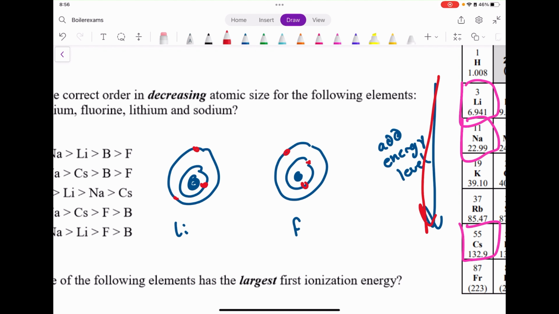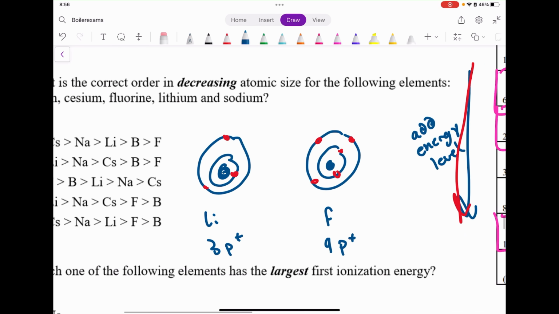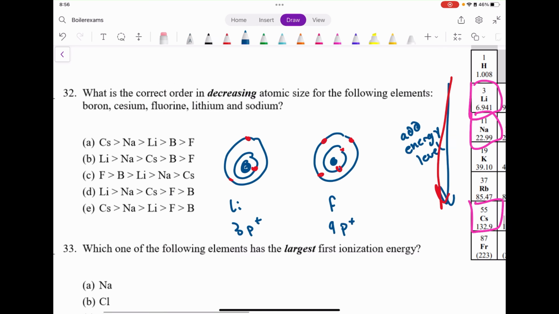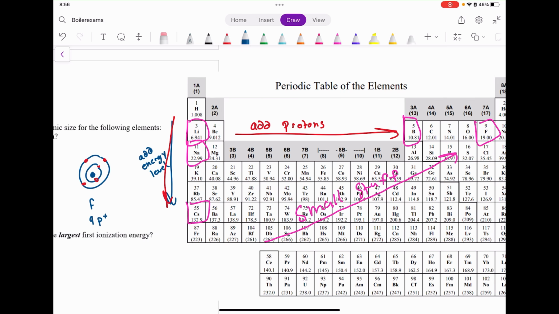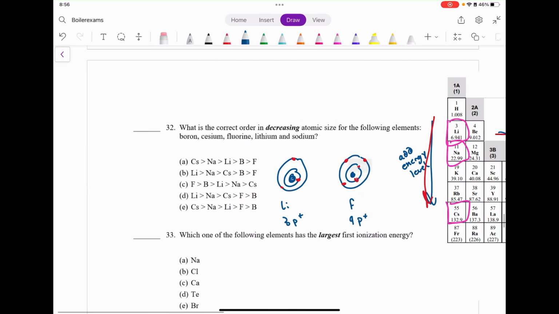The electrons are nearly the same distance away by default, but fluorine has 9 protons compared to lithium's 3. So in a sense, fluorine can pull on those electrons 3 times harder. I don't know if that's actually what it is, but it's got a lot more. It can pull a lot harder on those electrons, so it can suck them in farther. That's why as we go across rows, they can pull in harder and pull stuff in closer.